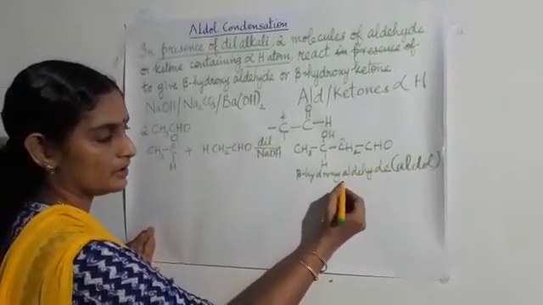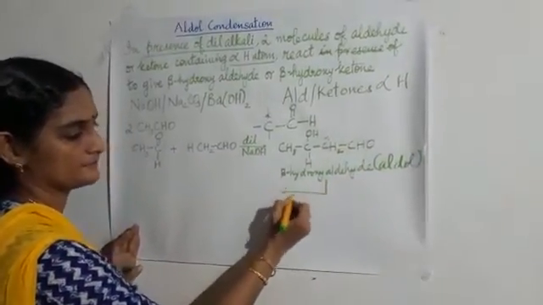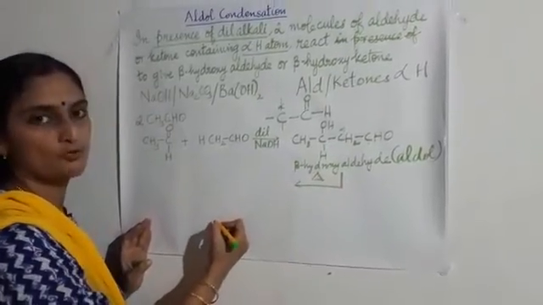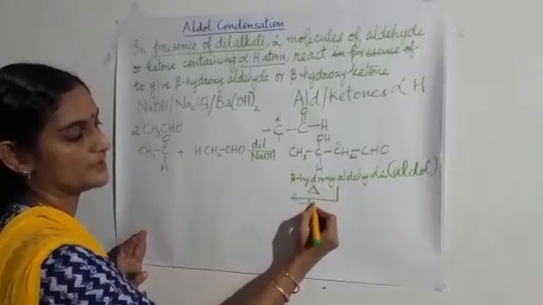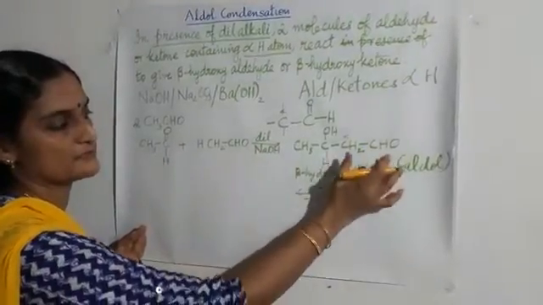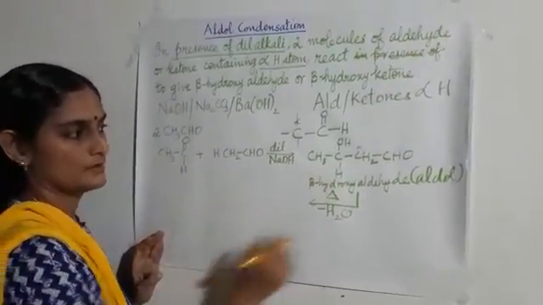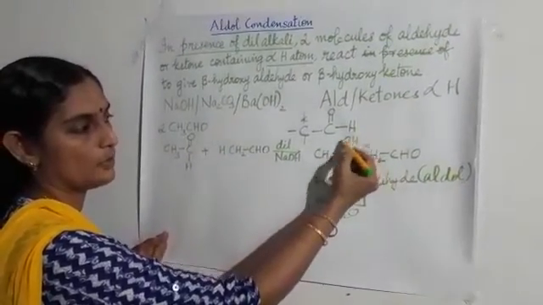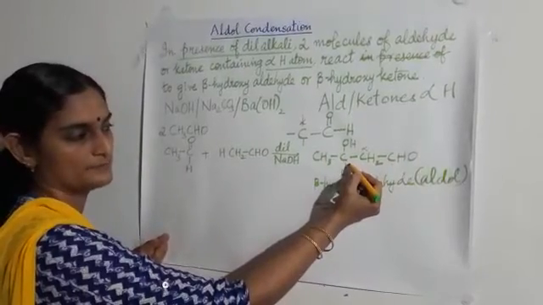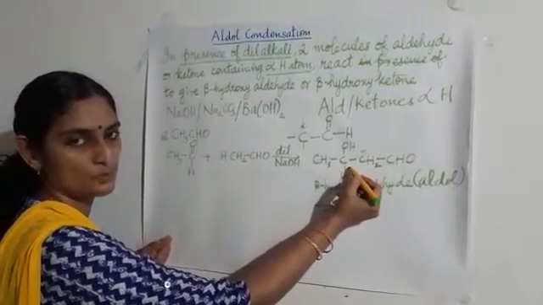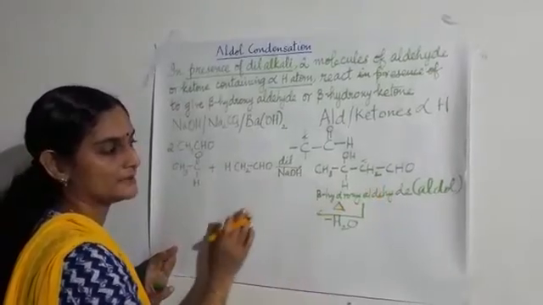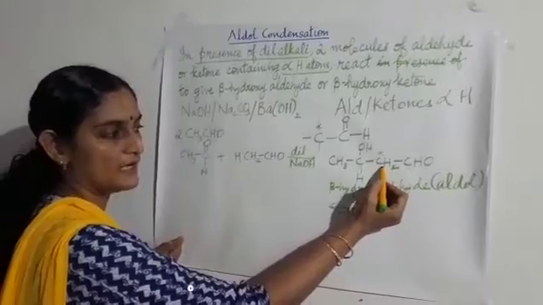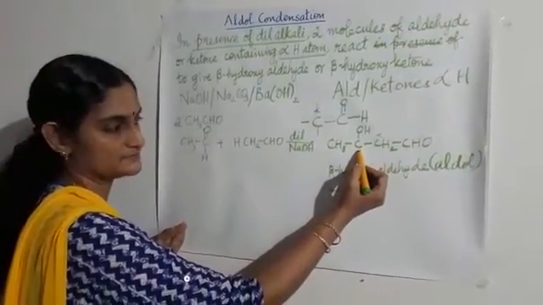Now this aldol, on heating, will lose a molecule of water. A molecule of water is eliminated from this compound. One H from the alpha position and OH from the beta position will be eliminated as water, and then in the resulting product there will be a double bond between alpha and beta carbon.